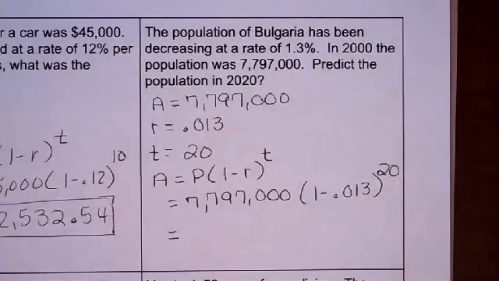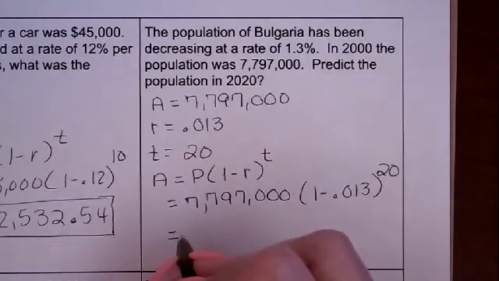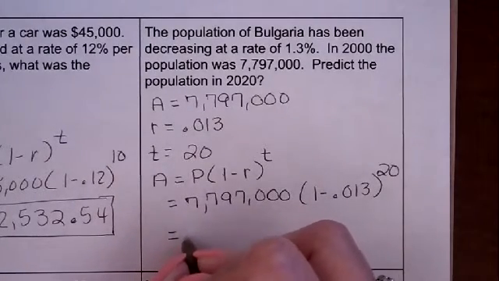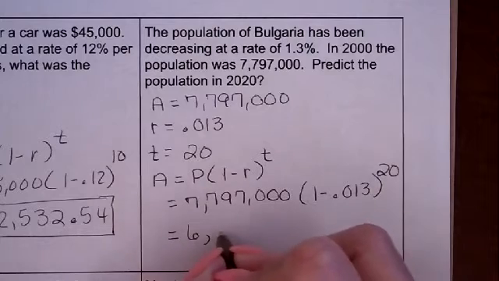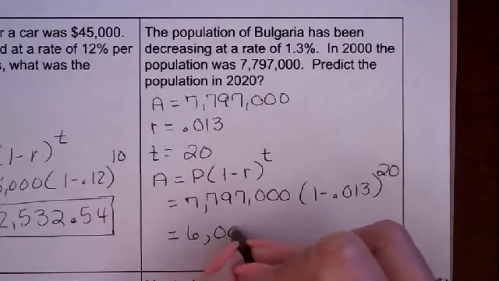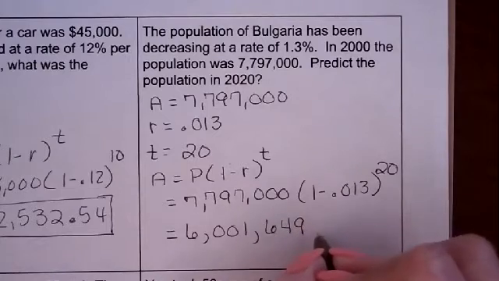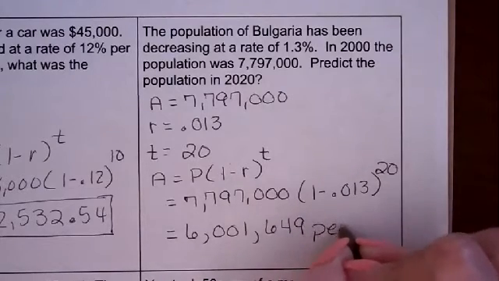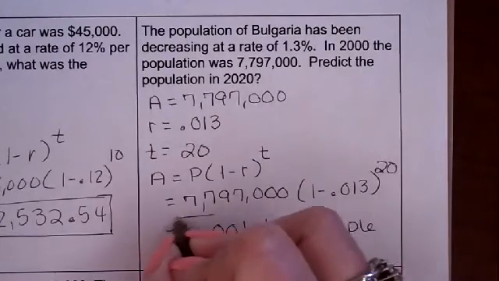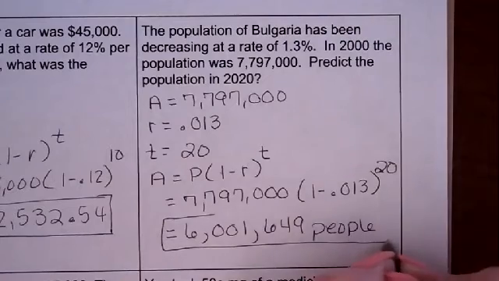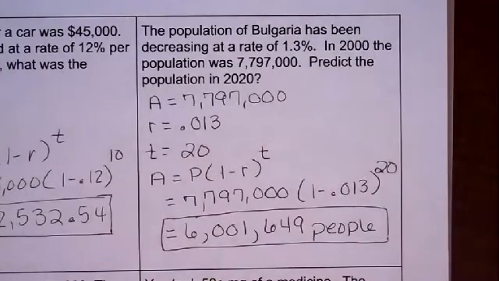Now, when you put that into your calculator, what you're going to get is 6,001,649 people. Okay, so the population decreased by over 1.5 million people in 20 years. Okay. Pause again and copy this down, and we'll go to number 3.